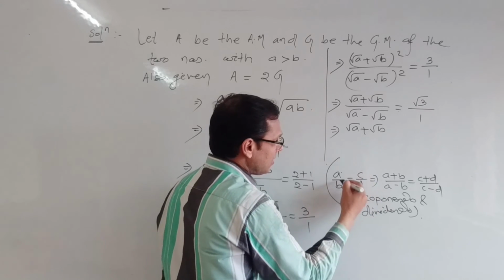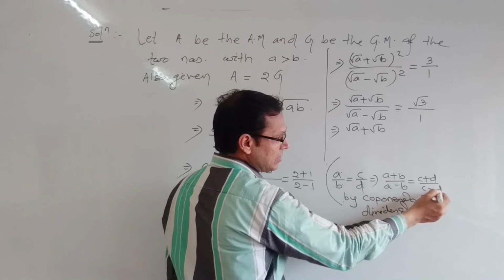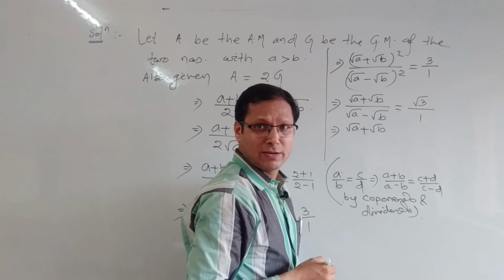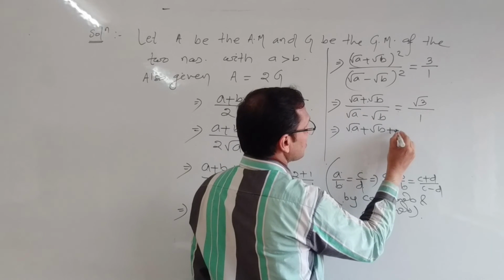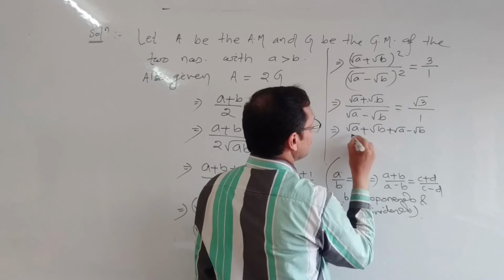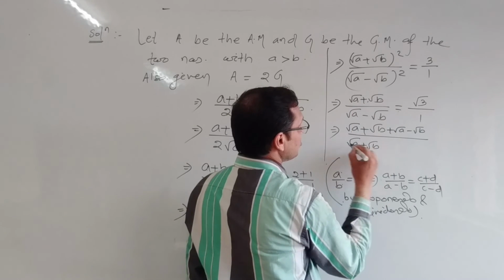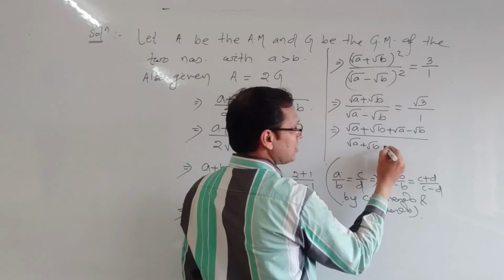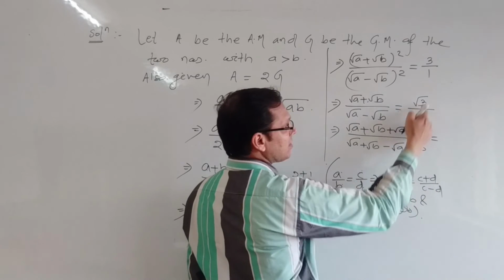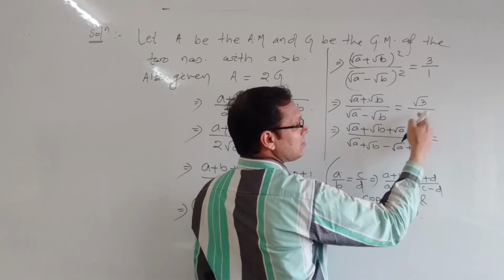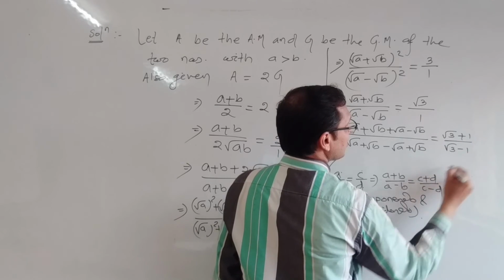When this one happened, then (a plus b) by (a minus b) is equal to (c plus d) by (c minus d). This is the componendo and dividendo. Again you will apply here, (root a plus root b plus root a minus root b) whole divided by (root a plus root b minus root a plus root b). Again this one is c, d, so (c plus d) by (c minus d), that is (root 3 plus 1) by (root 3 minus 1).